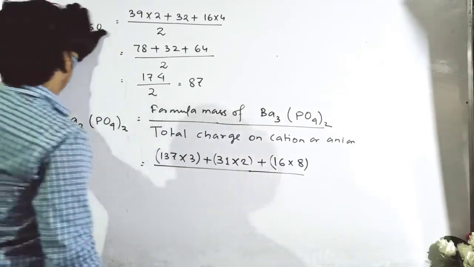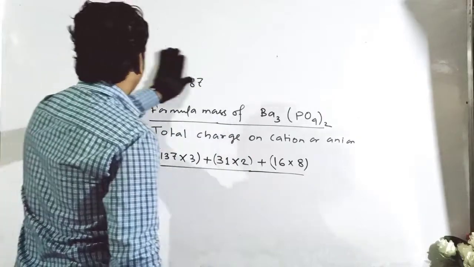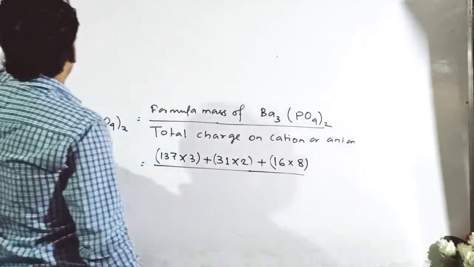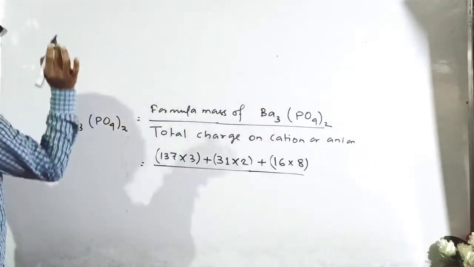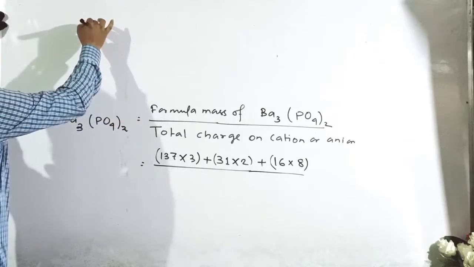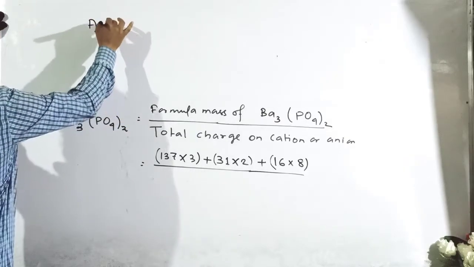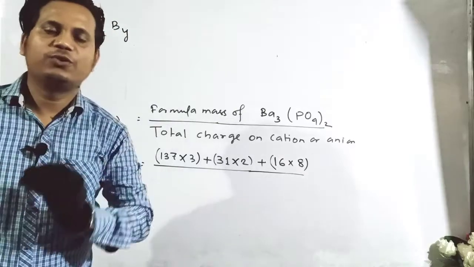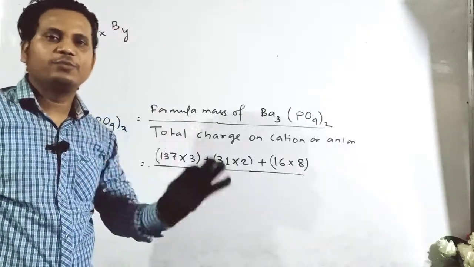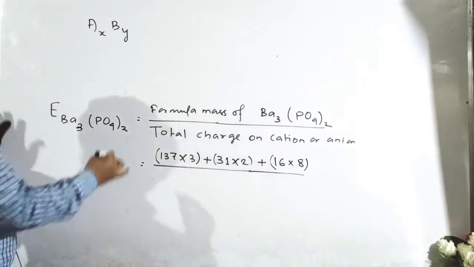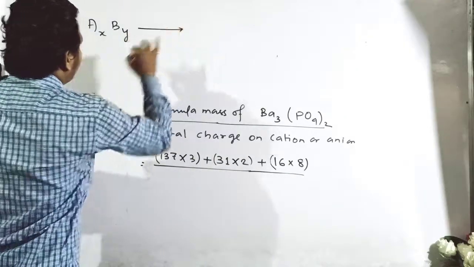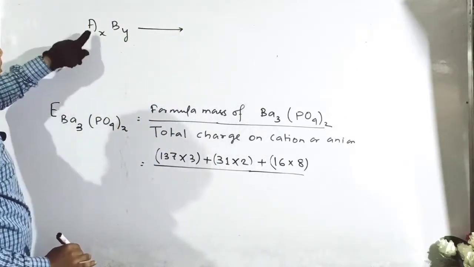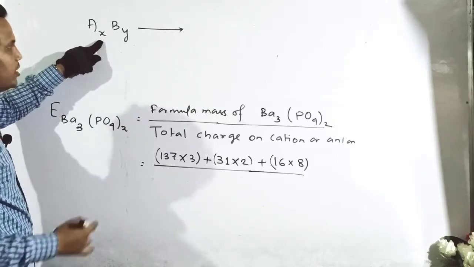Now break it. One formula for breaking is: suppose a compound is there of the type AxBy. If we break it, what will be the product? A, how many times? x times.